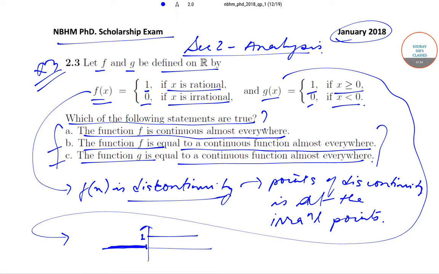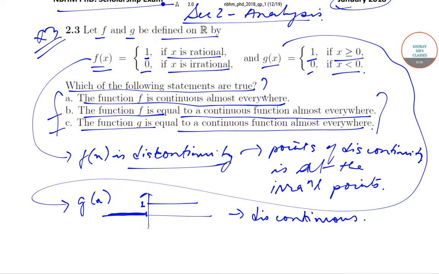As you can see, g(x) is discontinuous. So both f(x) and g(x) are discontinuous. So option A, which says that function f is continuous almost everywhere, is therefore false.